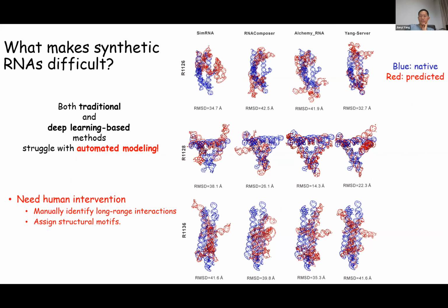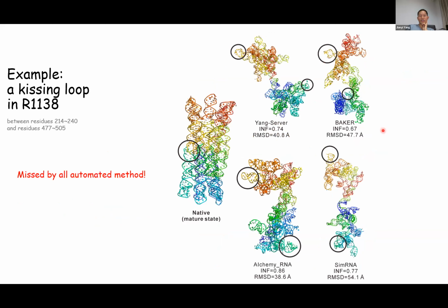That's right. For this synthetic RNA, especially these big RNAs, we need to predict some motifs correctly. You can see that this synthetic RNA is very long, but it has some basic motifs. It has probably 7 long alpha helices.